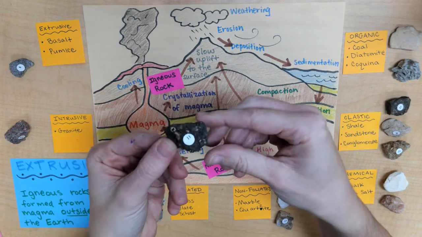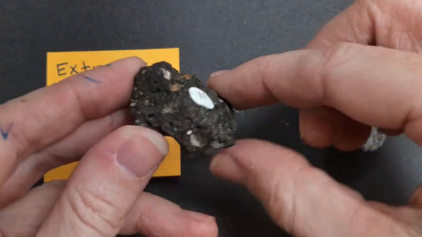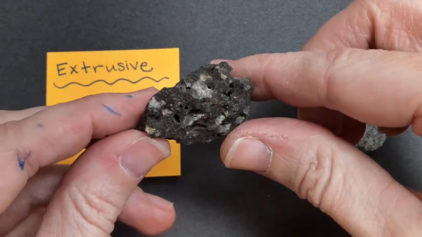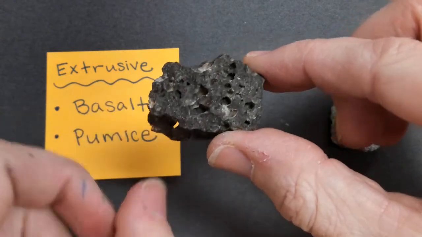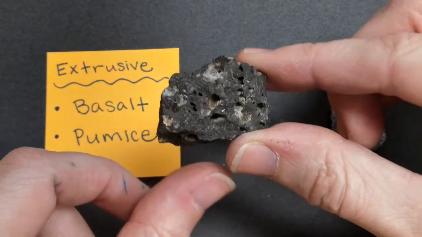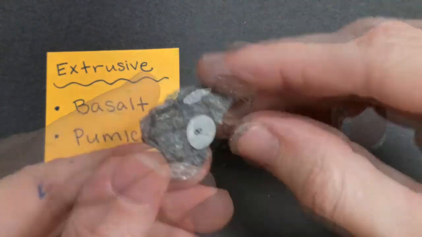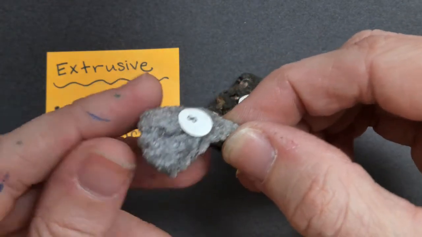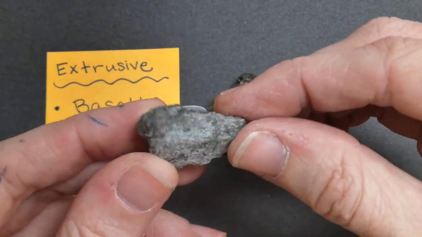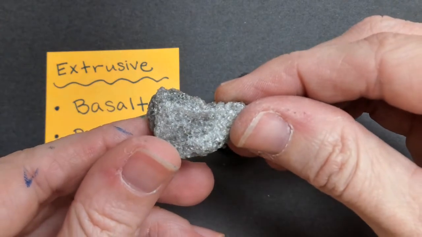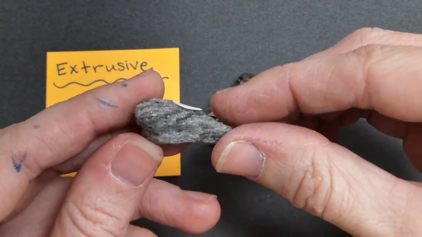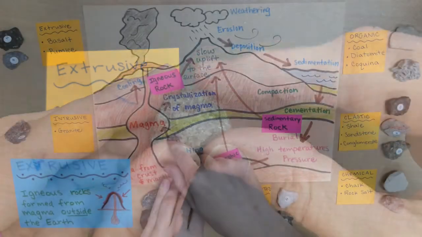And one example would be basalt. You can see all those different holes, the air pockets, or this pumice right here. Again, small pockets of air because of how quickly that lava has cooled down.